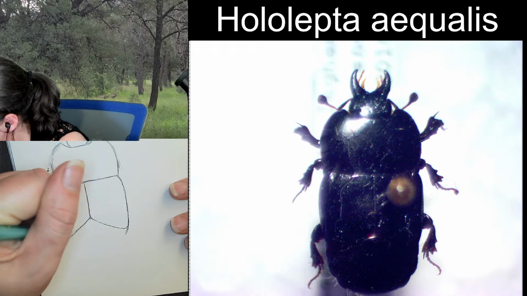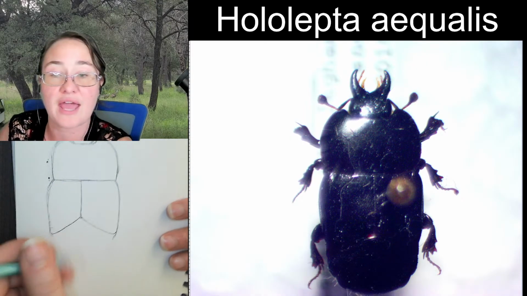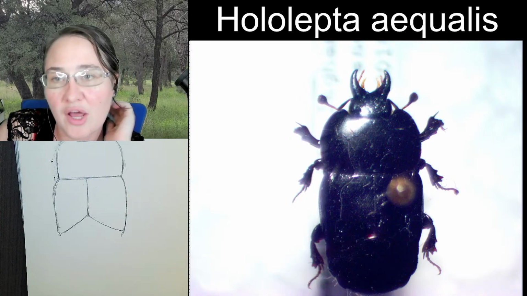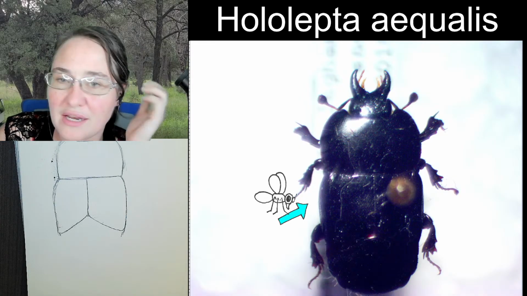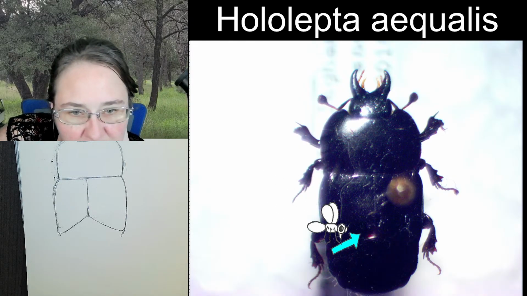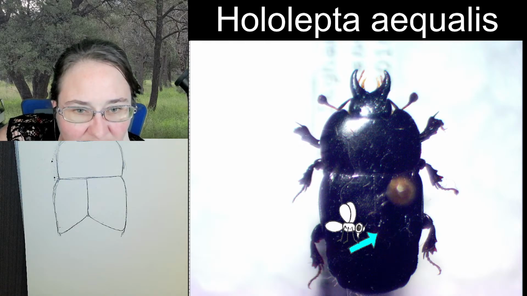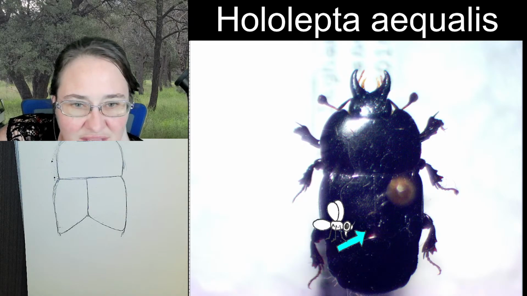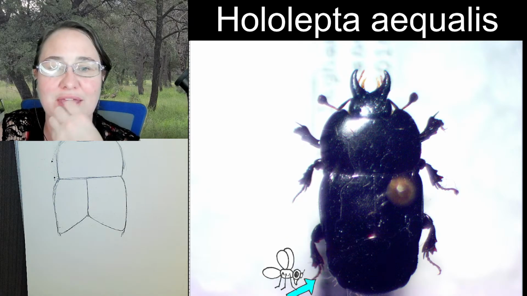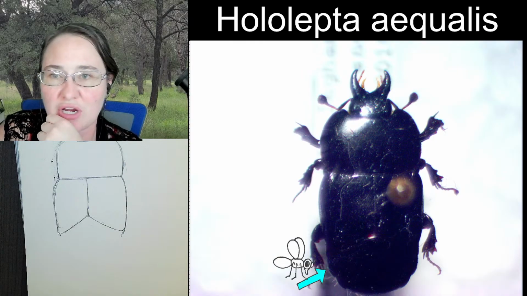The elytra come down at an angle here. Admittedly, the body has the ability to pick up a little bit of reflection. Right there is the end of the elytra and the beginning of this abdominal region here.